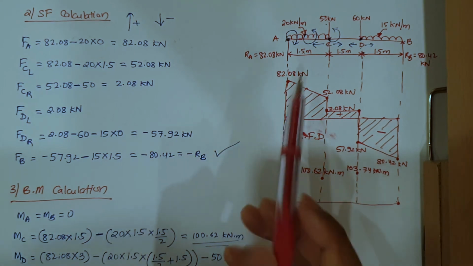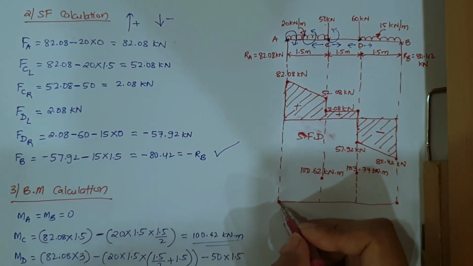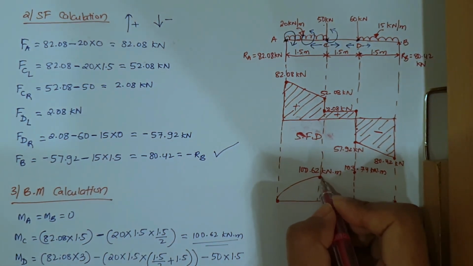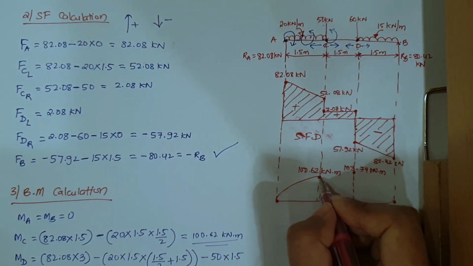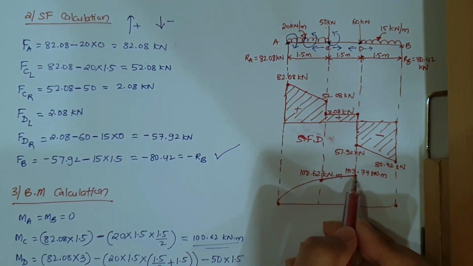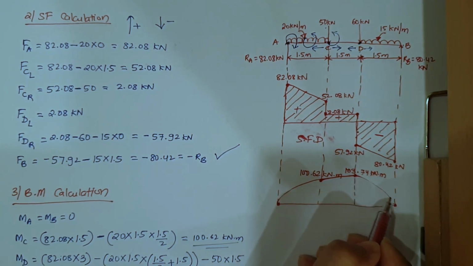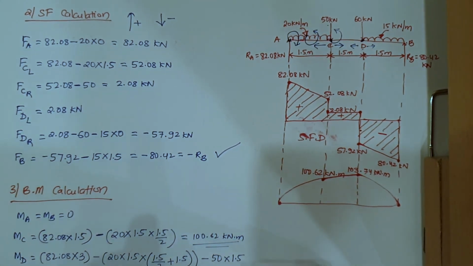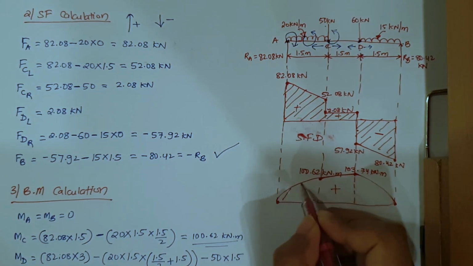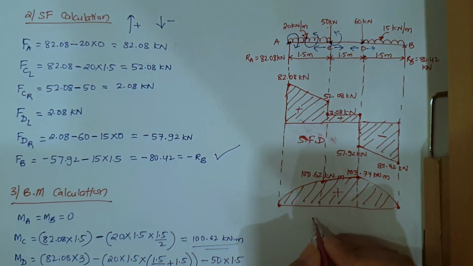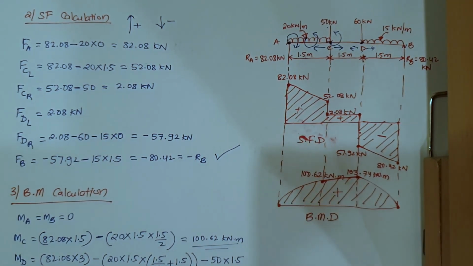From here to here it is UDL, so you draw a parabolic line, right? Now from C to D there is no UDL, there is a point load, so for point load it will be a straight line, and again from D to B a UDL is acting, so it will be a parabola. So your bending moment diagram will look something like this. This is positive. Let me shade it. Okay, so this is my bending moment diagram.